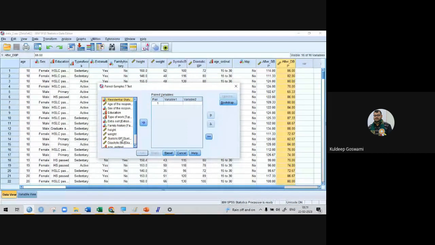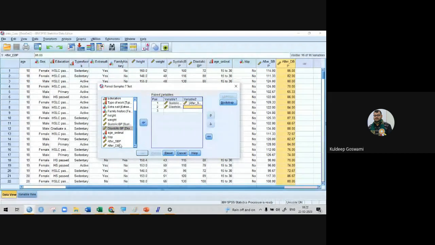First, systolic blood pressure is entered for variable 1. Compare it with after SBP, because initial systolic blood pressure and final systolic blood pressure. Then initial diastolic blood pressure and final diastolic blood pressure, and press OK.